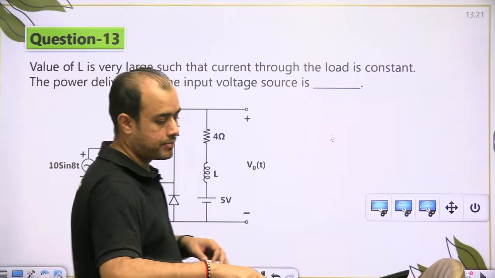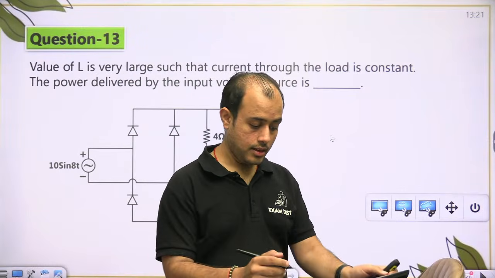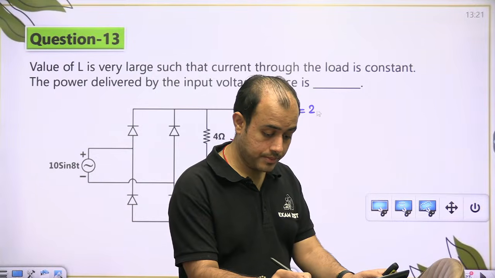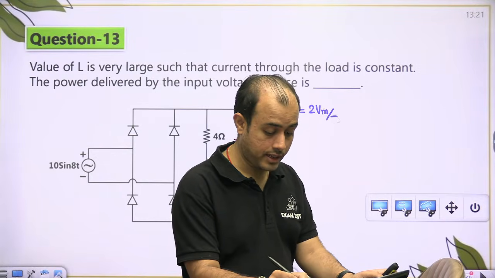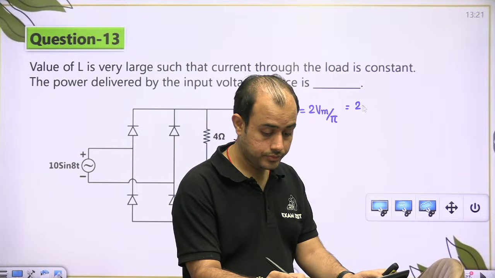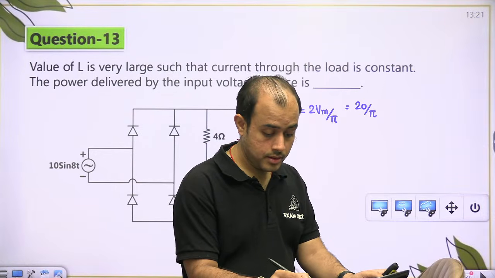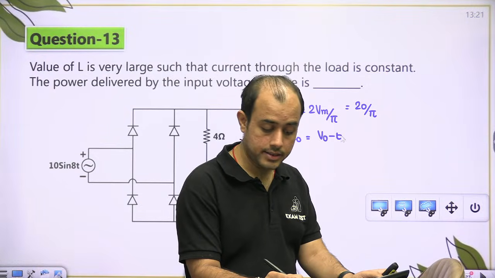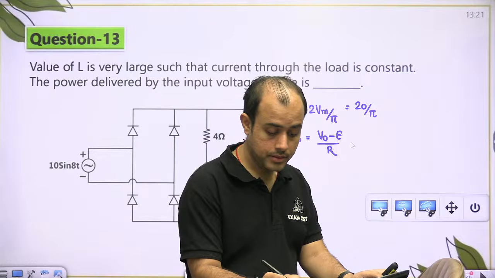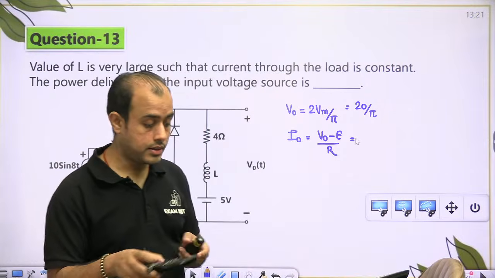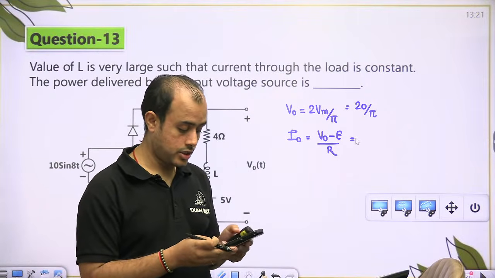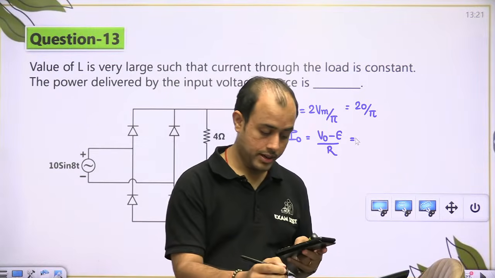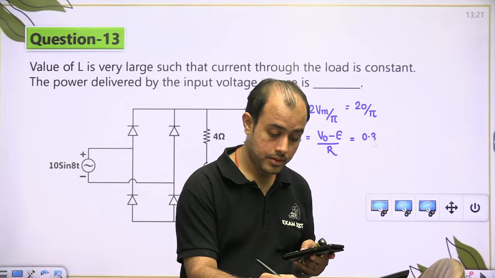Let us see. You see, V0 would be, this is a diode rectifier, so I0 is (V0 minus E) by R, because it is saying continuous conduction, 0.3415.